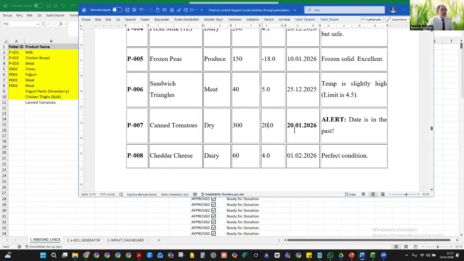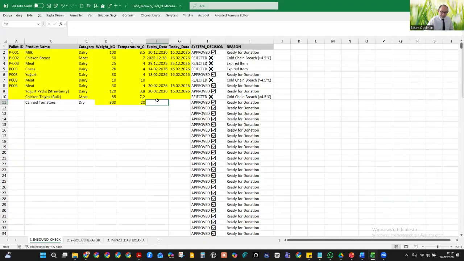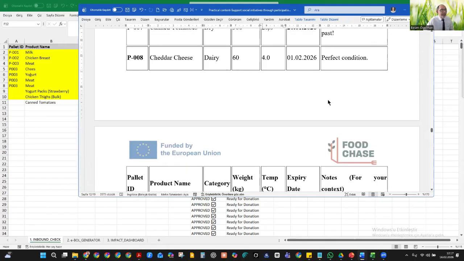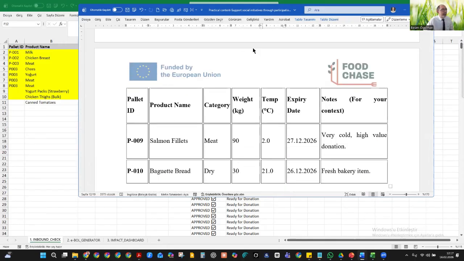Okay. They did this. Just a minute. Oops, it's rejected, as you see. You can find different examples in this practical content document.